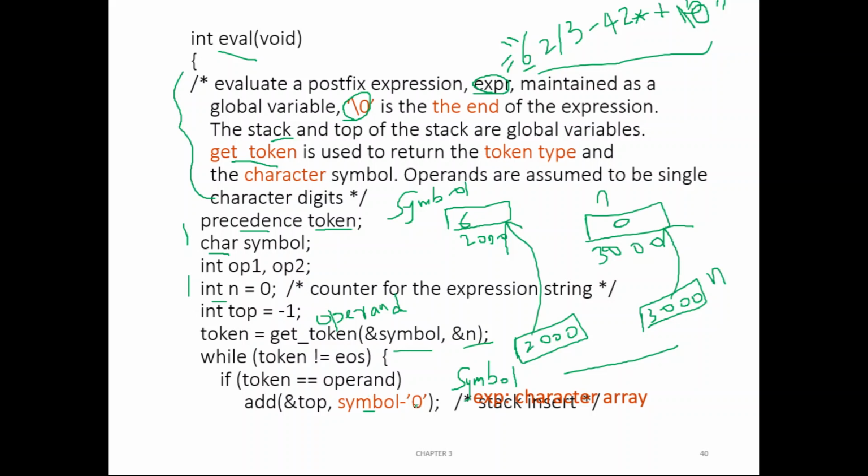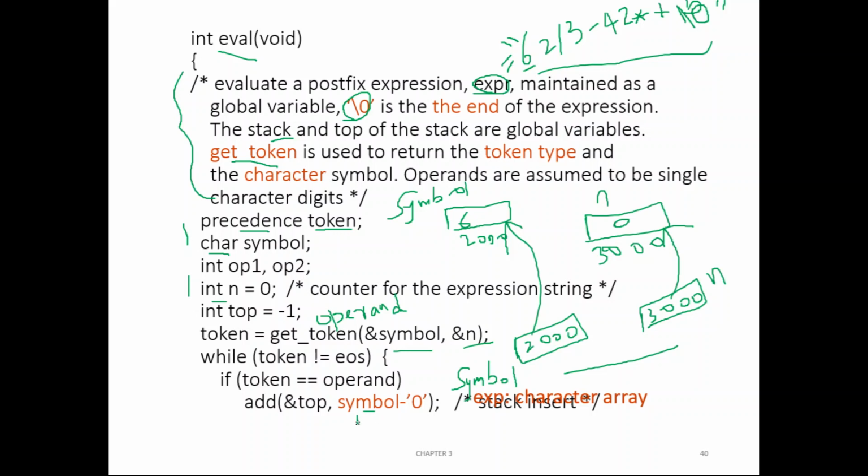So 54 minus 48. What is that? 54 minus 48, you will get 6. So when you subtract the ASCII values 54 minus 48, I think you are following.